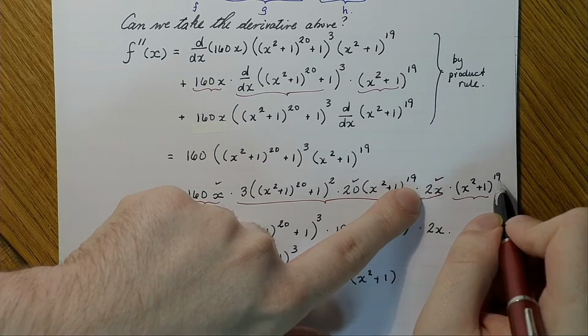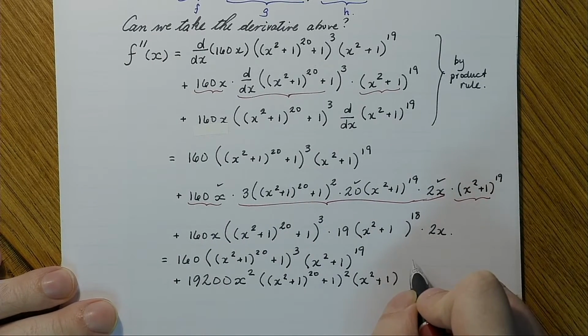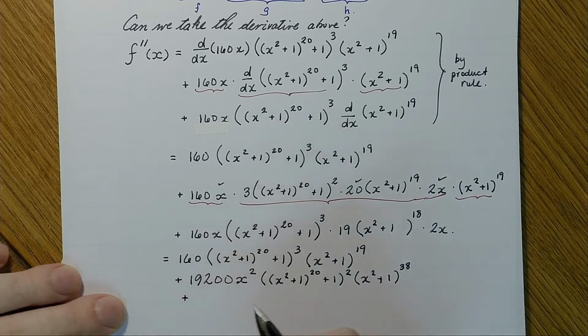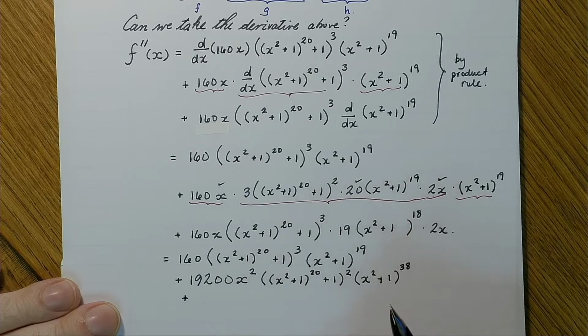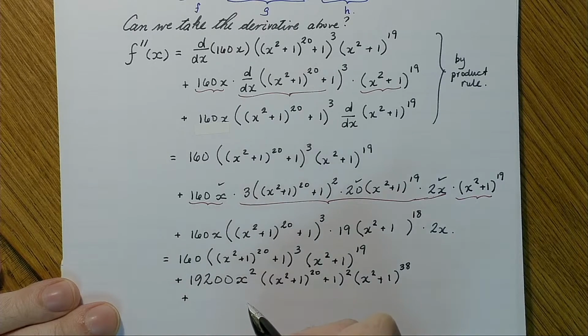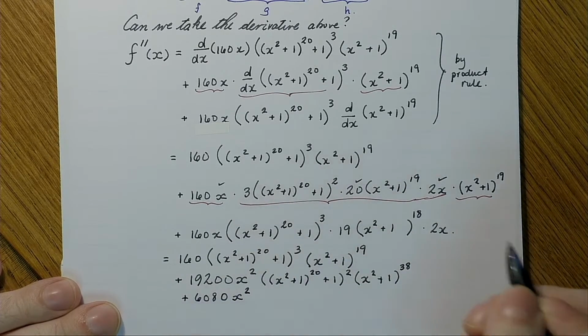I have a 19 and a 19, which gives me 38. Plus 16, 19, and 2. 16 times 2 is 32. 32 times 19 is 608.